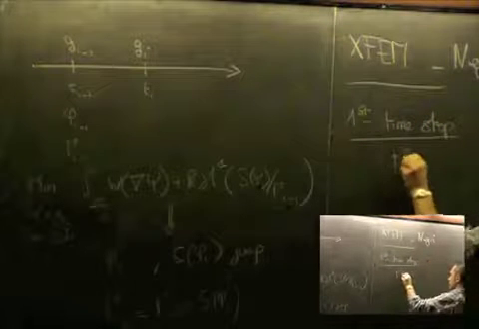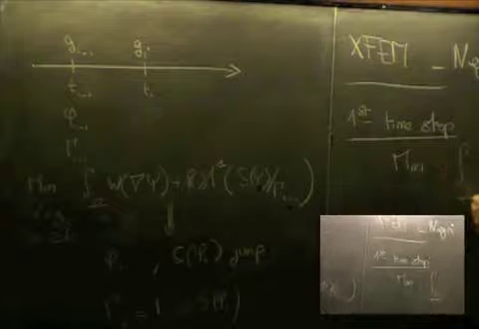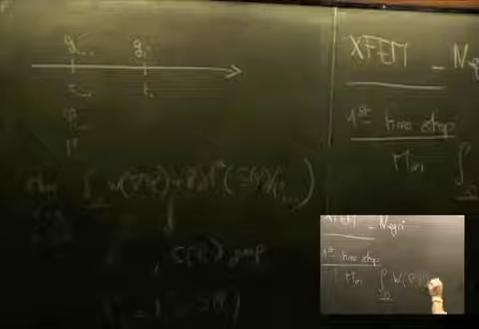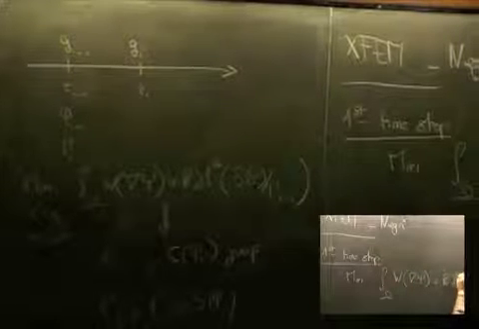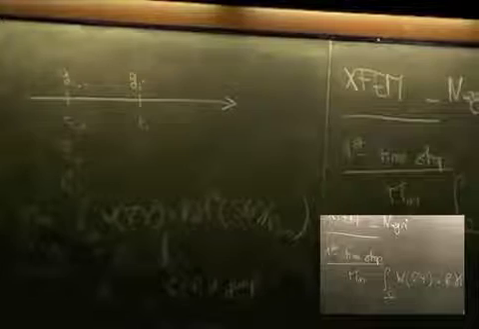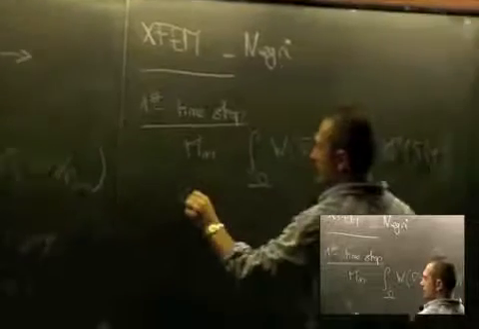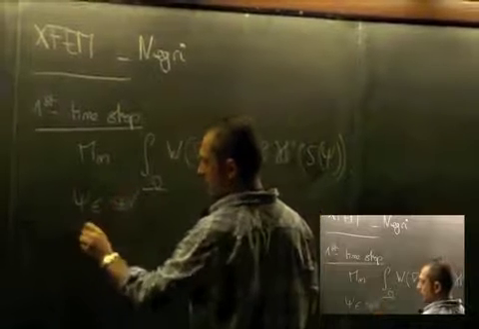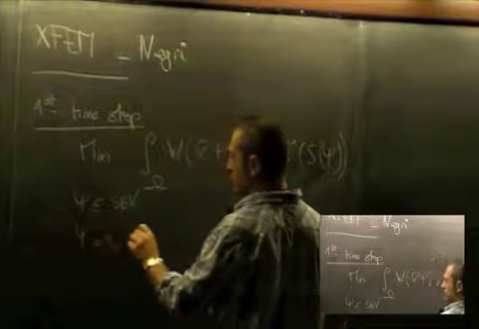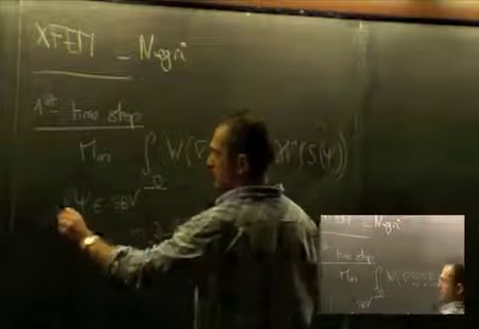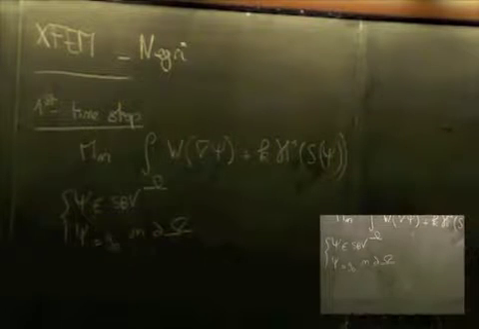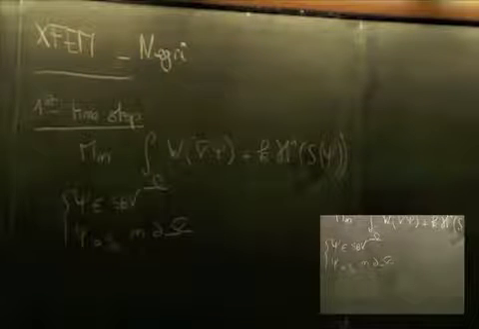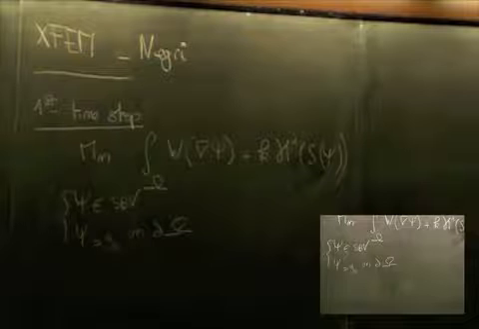The goal is to minimize the integral over omega of W of grad psi plus K H1 of S psi among all psi which are in SBV and such that psi equals G0 on the boundary of omega, the value of G at time 0.